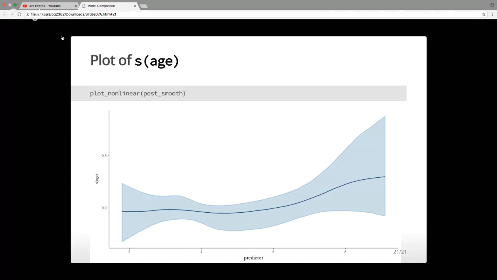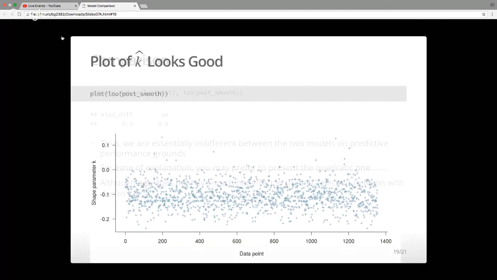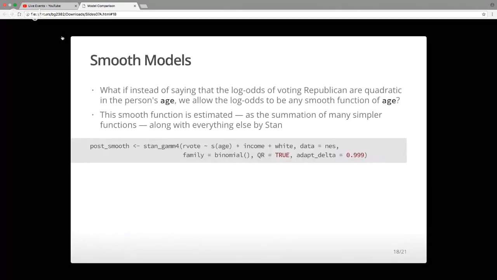If the functional form actually was quadratic, then the smooth function would probably capture that, but you might as well just explicitly estimate a quadratic form and only be estimating 2 extra parameters as opposed to this, which really estimates like 20 more parameters in order to capture that smooth function without assuming anything other than that it's smooth.